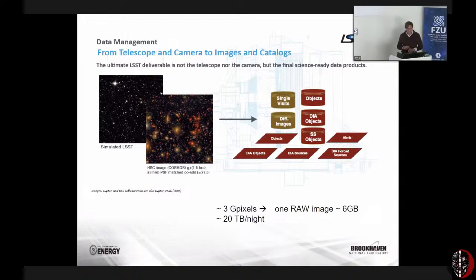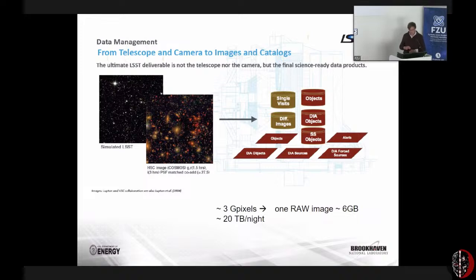Now, again, the ultimate LSST deliverable to the public is not, of course, the telescope, not the camera, but the final science-ready data products like the catalogs. And the amount of data is quite humongous. The camera is 3 gigapixel, so one raw image is already 6 gigabytes.